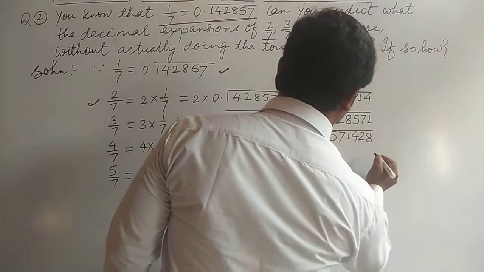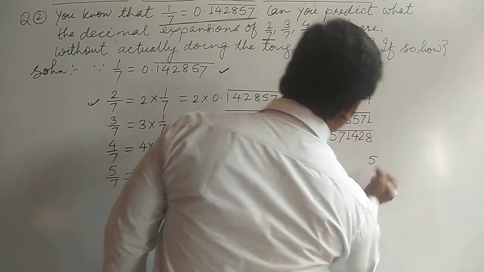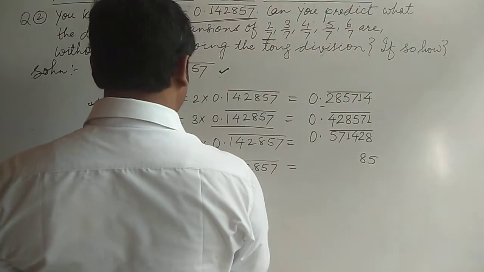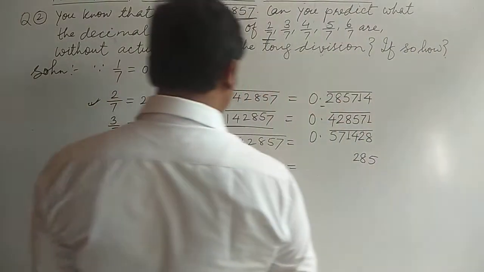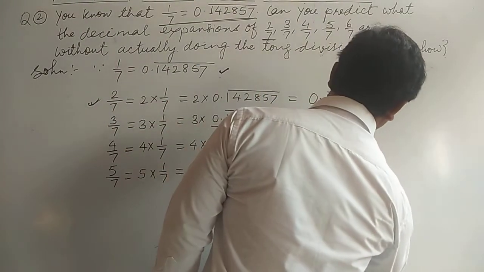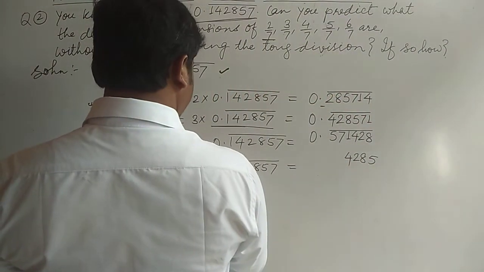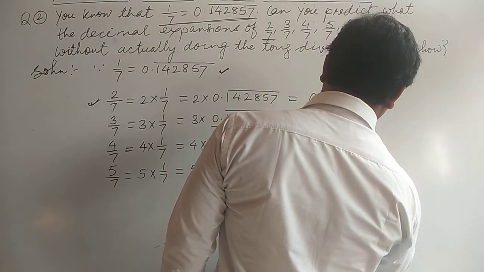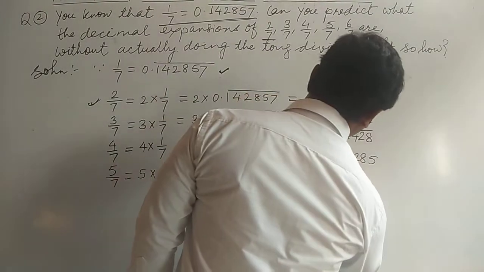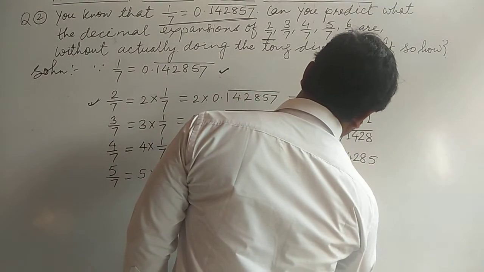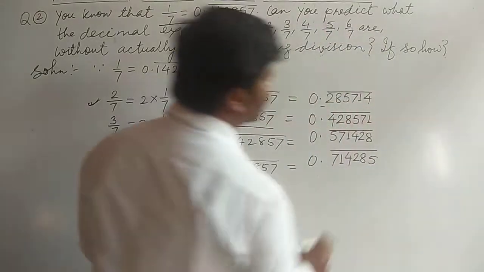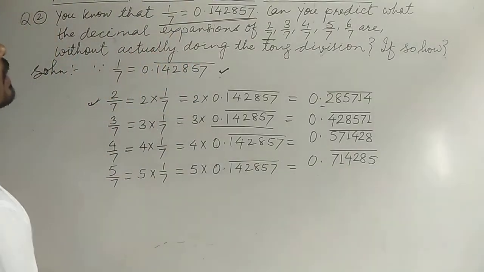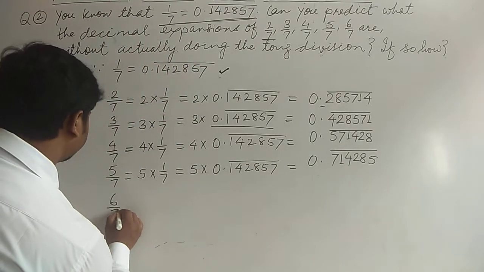Then what will be? 7 times 5 is 35, 3 carry, 5 times 5 is 25, plus 3 is 28, 2 carry, 8 times 5 is 40, plus 2 is 42, 4 carry, 5 times 4 is 20, plus 4 is 24, 2 carry, 5 times 1 is 5, plus 2 is 7. So this is 0.714285. Next one, 6 by 7.